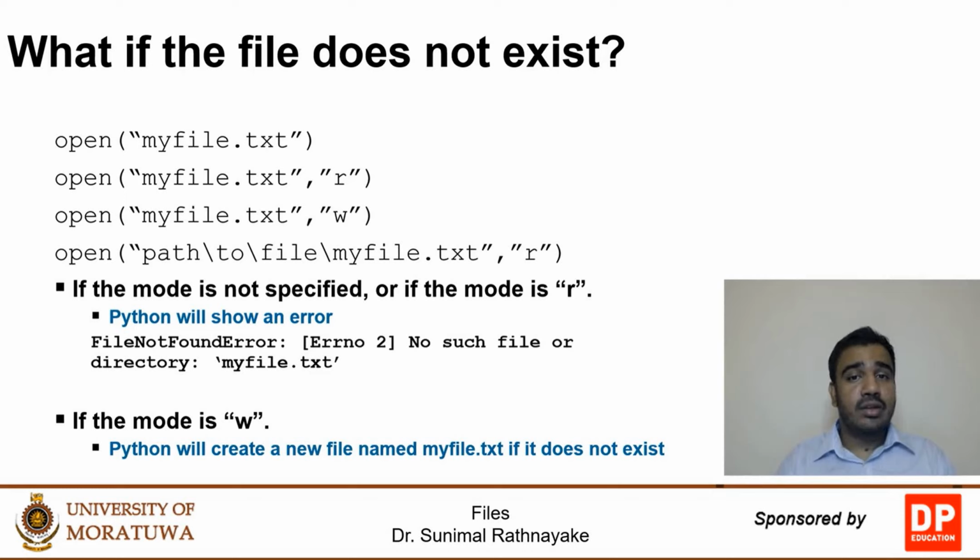If the file mode is read, Python will show an error saying that the file cannot be found. If the file open mode is w or write, Python will create a new file named with the file name specified if it does not already exist.